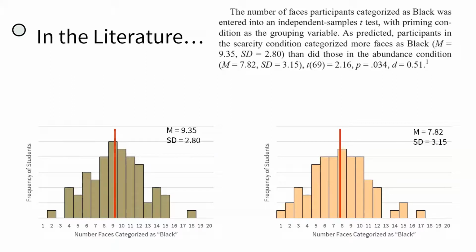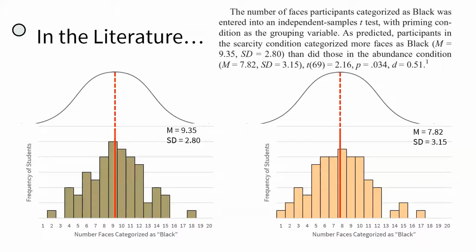And so we're imagining that these samples of white college students are actually representative of some broader populations of people.